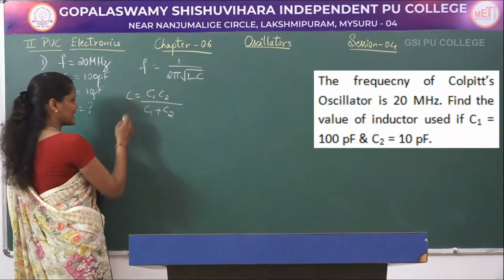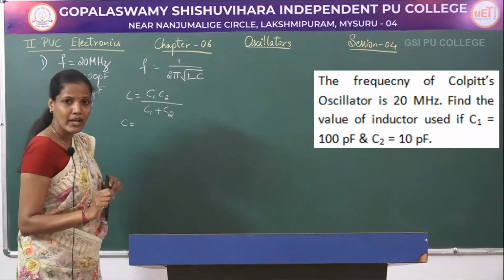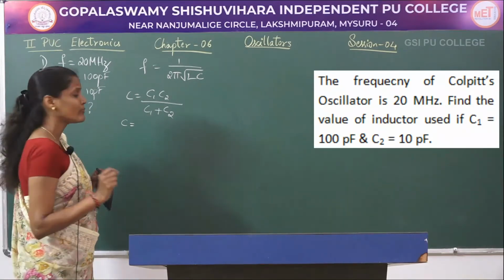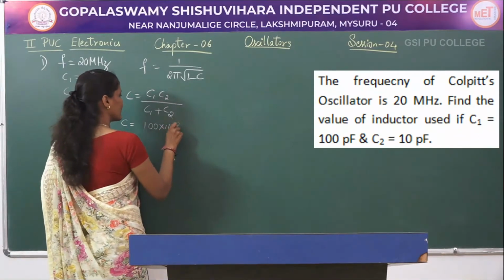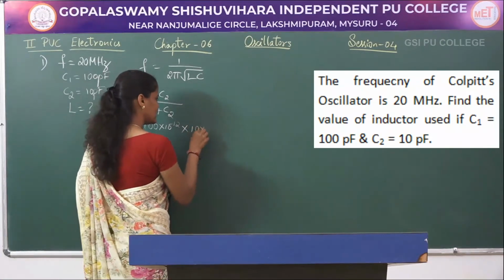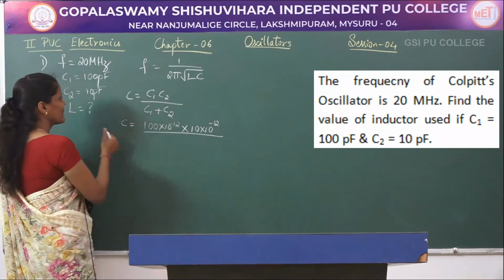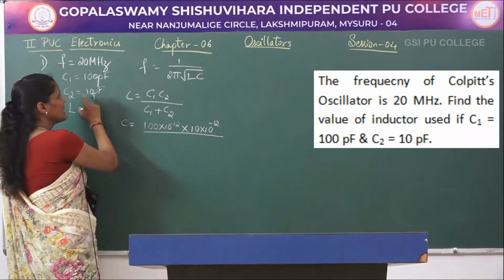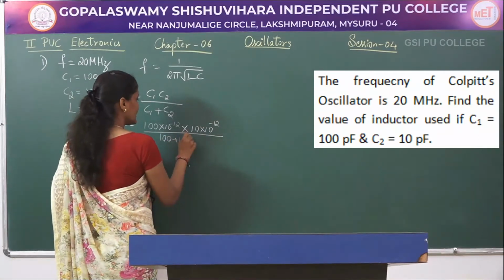So, C is equal to, C1 value is 100 picofarad, pico stands for 10 to the power of minus 12. So, 100 into 10 to the power of minus 12 into C2 value, that is 10 into 10 to the power of minus 12, divided by C1 plus C2. C1 is 100, C2 is 10, so 100 plus 10 pico.